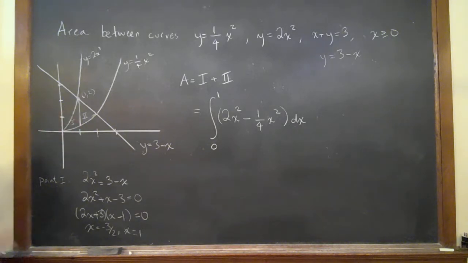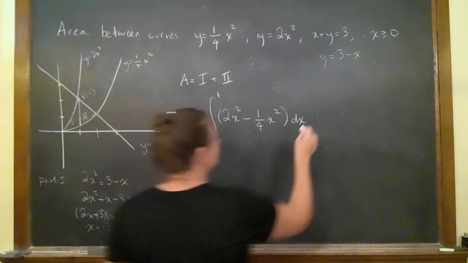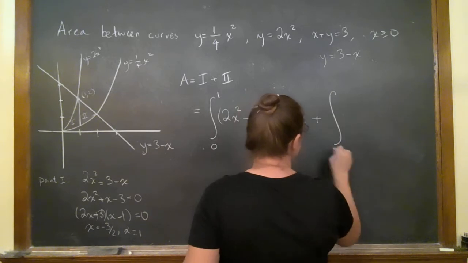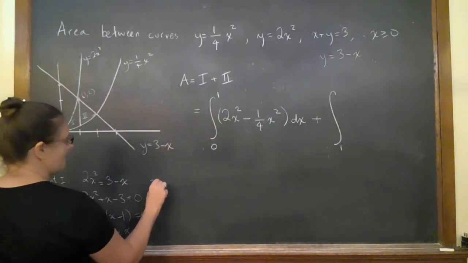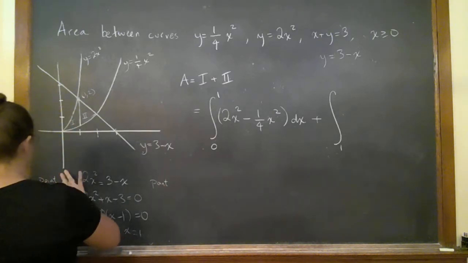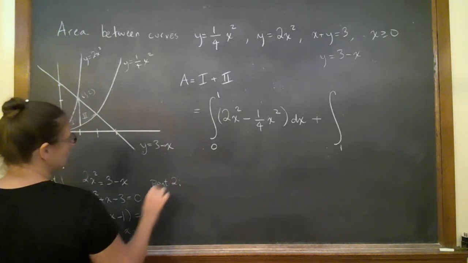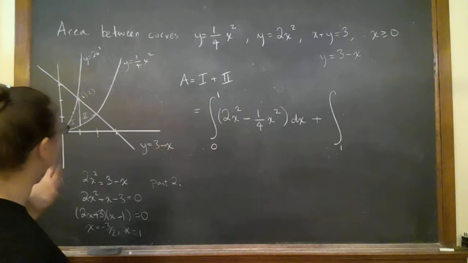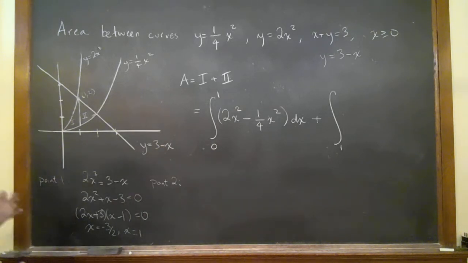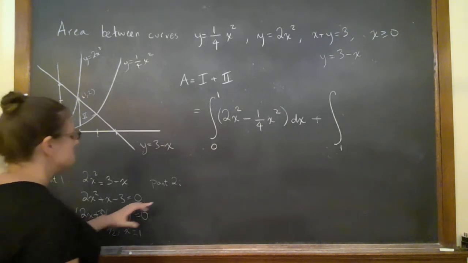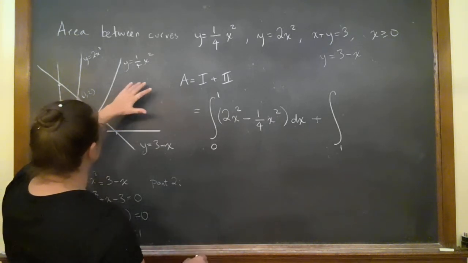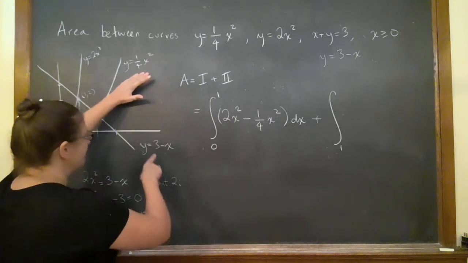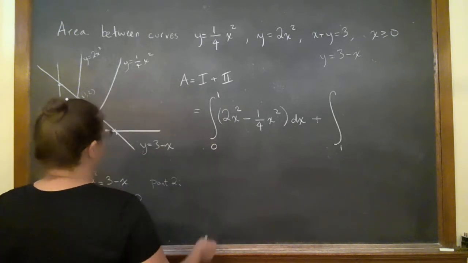So now I'm going to do the same thing for the second region. I know I'm starting from 1. Let's call that point 1, and this point 2. This looks like it's going to be at 2, but we need to check that, right? It's not obvious. So for point 2, I'm going to take this curve and find where it hits this line.